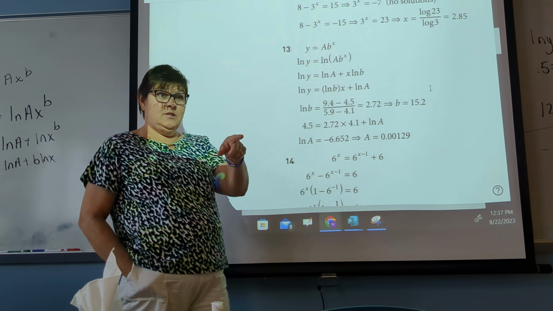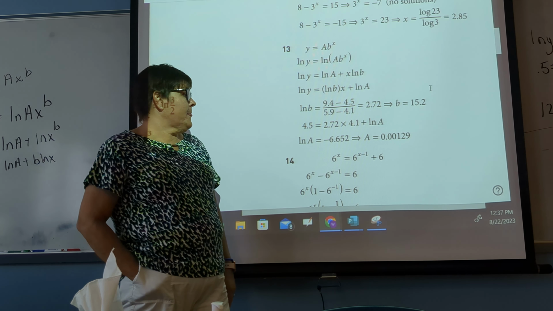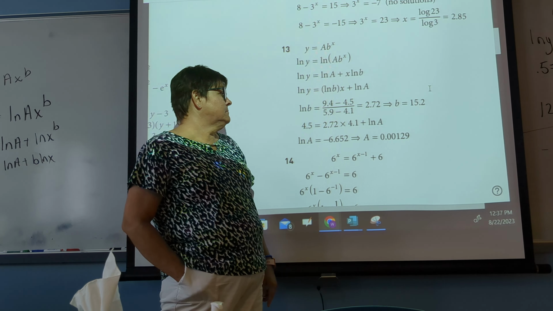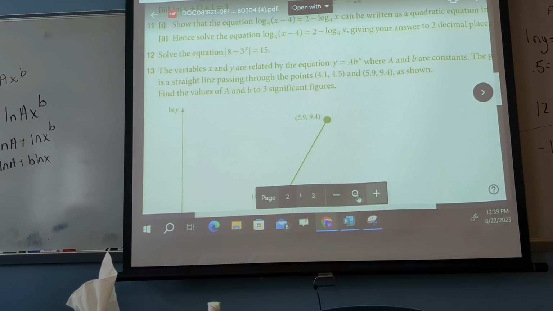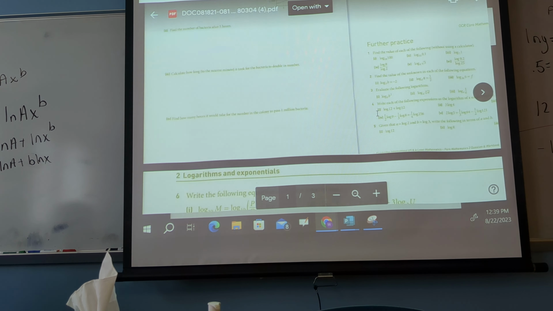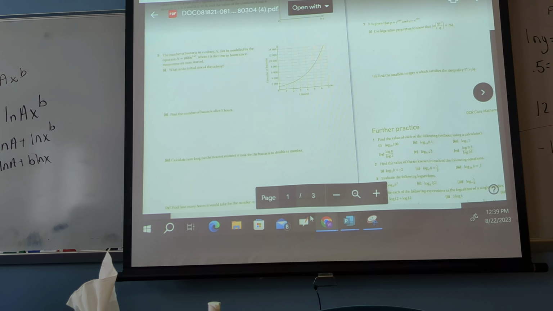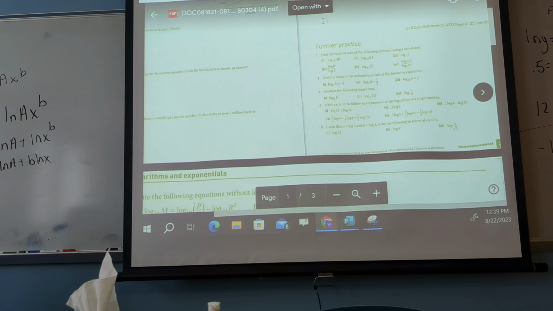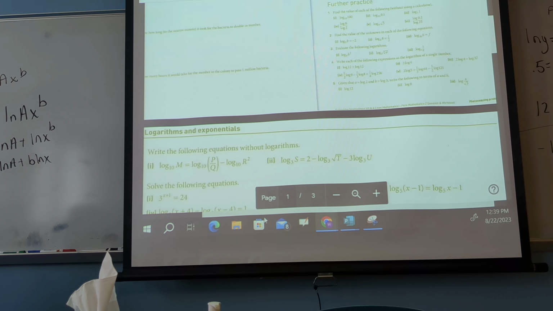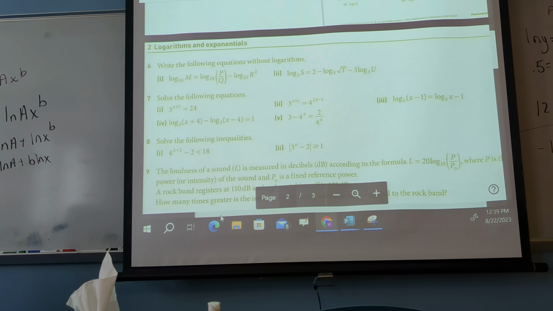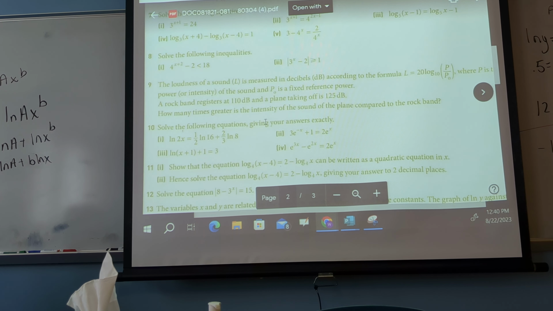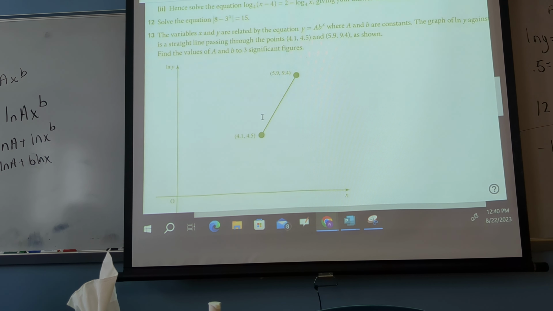Before you leave, I want to talk to you about your homework page. I gave you two different ones, so just as an FYI, you're going to be working on the further practice. And it kind of bleeds into this page here. Everything else is kind of what we've been doing.